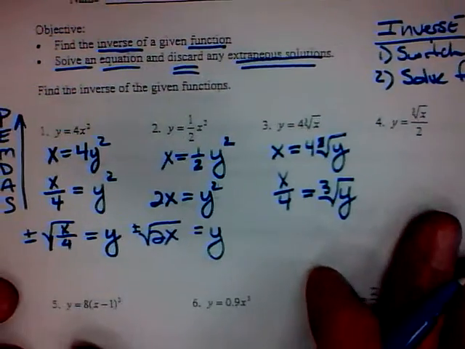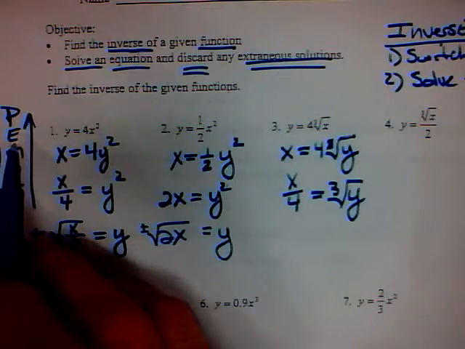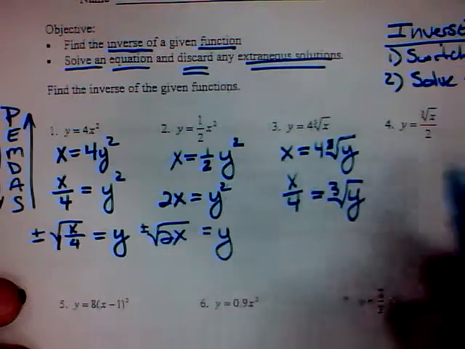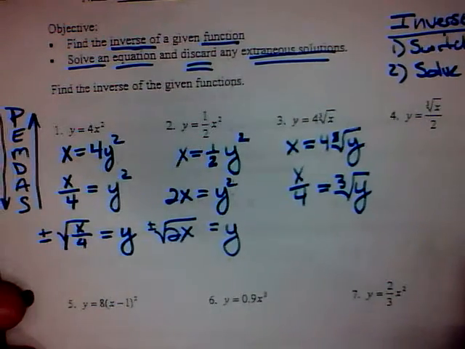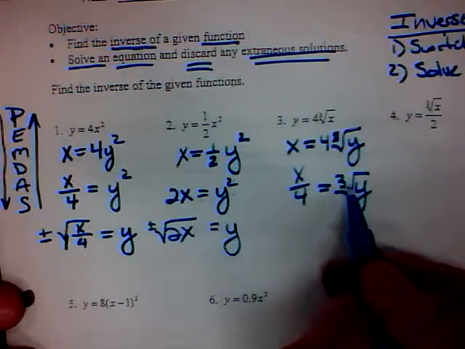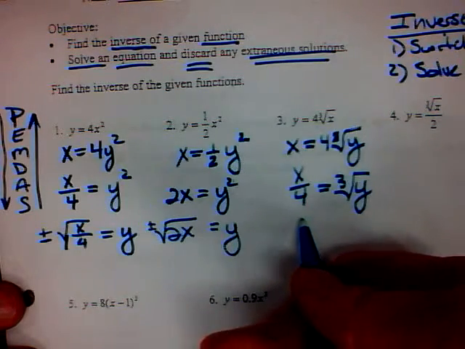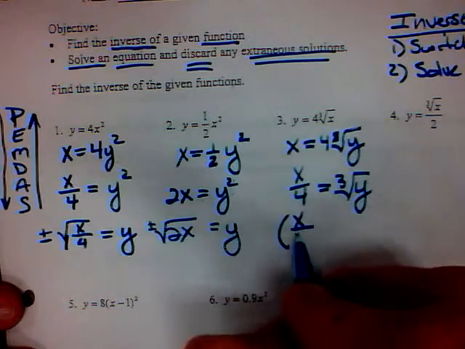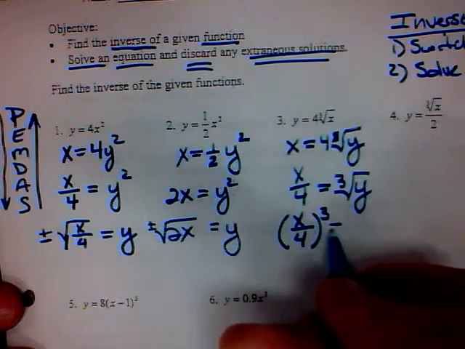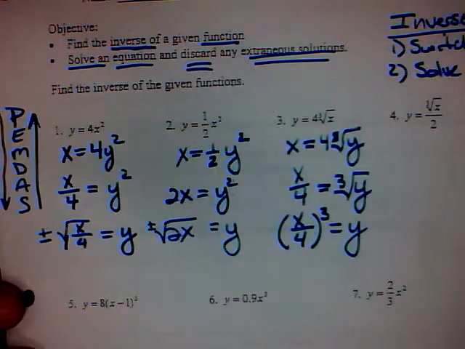So then we can do the exponent, which is technically the 1/3 power here, because the root would be the 1/3 power. So we bring over the root by cubing, because the opposite of cube root is cubing. So we're going to cube this entire side, which gets you y equals x over 4 quantity cubed.